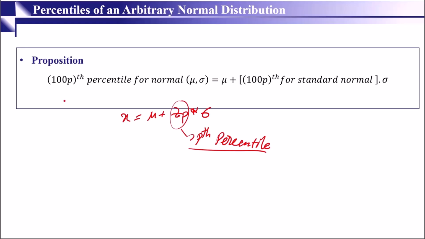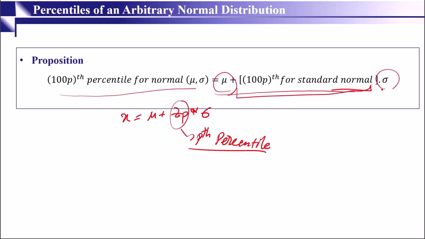So the 100pth percentile of a normal distribution, which has a mean of mu and a standard deviation of sigma, is easily related to the 100pth percentile of the standard normal distribution, and we calculate it like mu, plus this is the zp, and this is the sigma. Another way of saying this is that if z is the desired percentile for a standard normal distribution, then the desired percentile for the normal mu and sigma distribution is z standard deviations from mu.